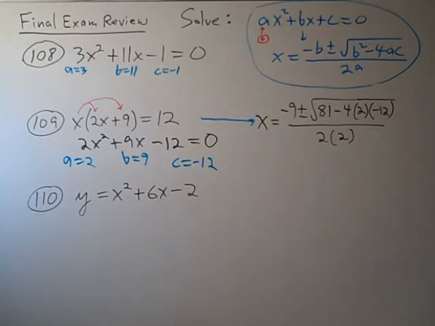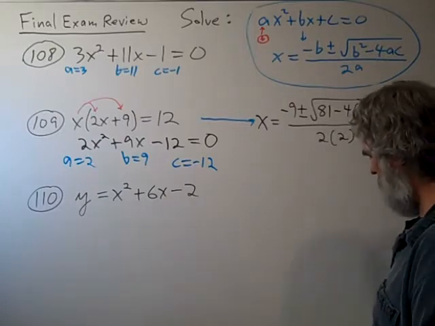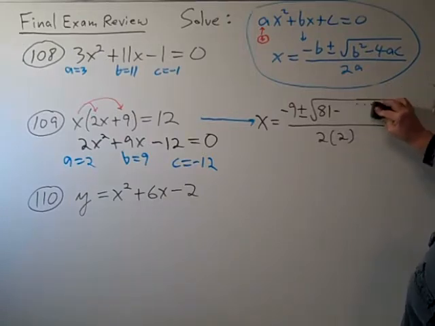Now in the parentheses here, we have 4 times 2, which is 8, times 12, and a negative times a negative is a positive. That comes out to 96, adding 96.